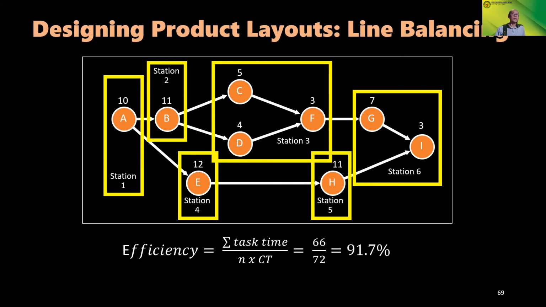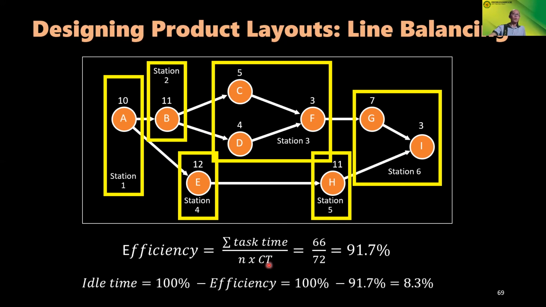In this case, there are 6. So we multiply 6 by 12 minutes, we get 72 minutes. And the total task time from the table is 66 minutes. Therefore, multiply this by 100. Efficiency for this line is 91.7%.